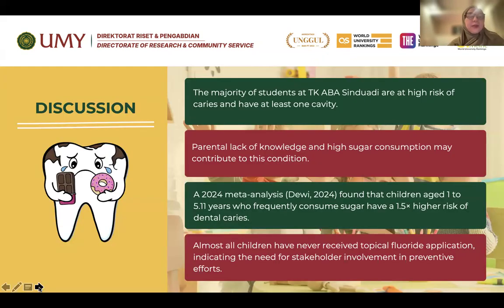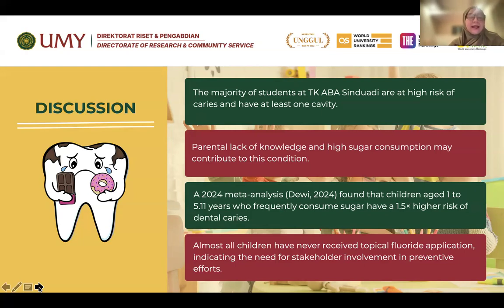We identified two main contributors: high sugar consumption and lack of fluoride as a protecting factor in this app. According to previous studies, children who frequently consume sugar have a 1.5 times higher risk of developing caries.